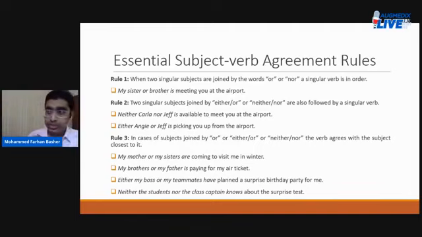Rule number 2. Two singular subjects joined by "either...or" or "neither...nor" are also followed by a singular verb. Now, if either...or or neither...nor are joining two singular subjects, not plural subjects, then a singular verb follows, such as: neither Carla nor Jeff is available to meet you at the airport.